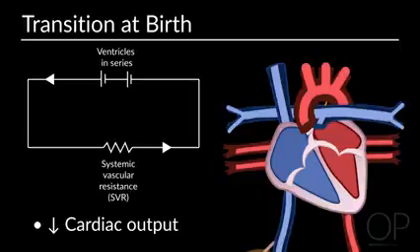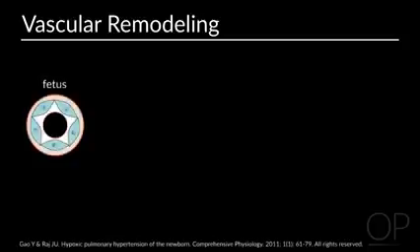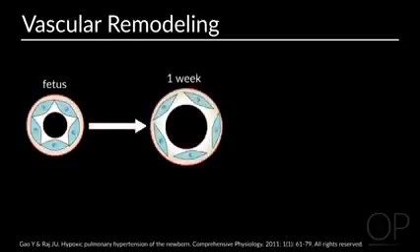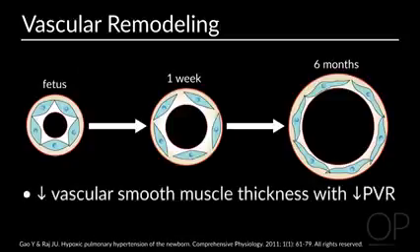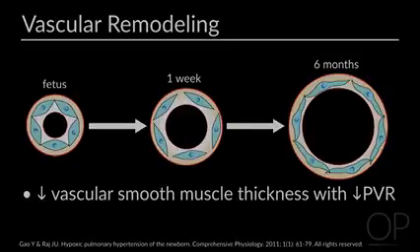The last step in this adaptive process is vascular remodeling, which takes place in the first week of life with a reduction in the thickness of the muscular layer of the pulmonary vessels, with a further decrease in pulmonary vascular resistance.